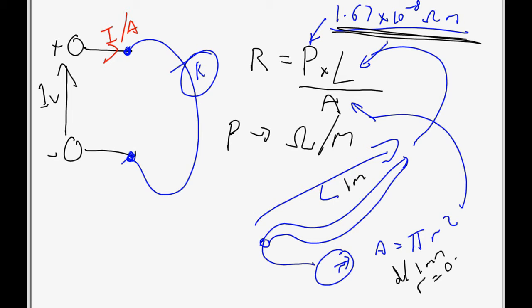So our radius is actually equal to 0.5 millimeters. So plug all these into the equation, and we can work it all out. Just remember to set your units.